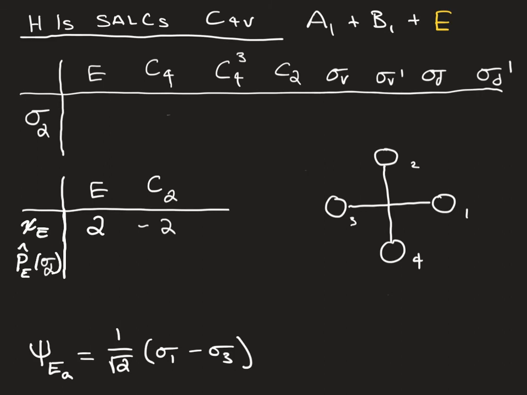To get that other member of the E representation, we now need to go through and project on a different basis function. So we're going to just project on the hydrogen 1s orbital from hydrogen 2.